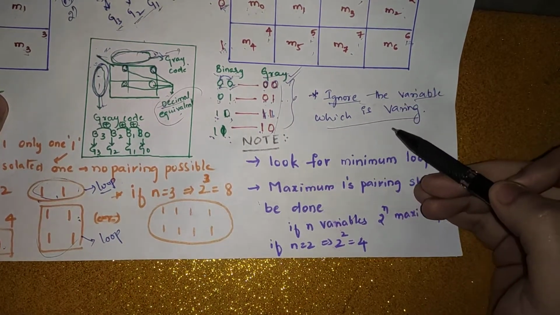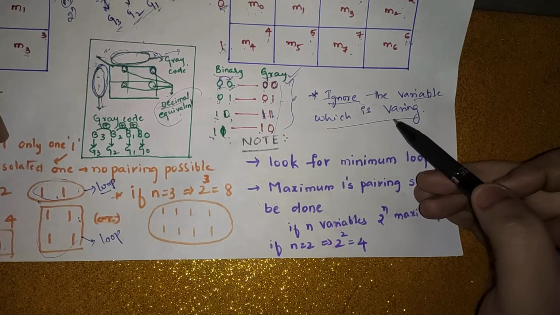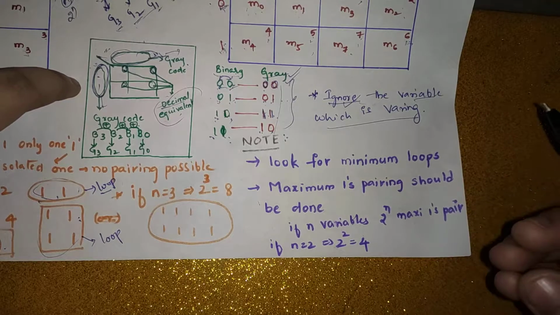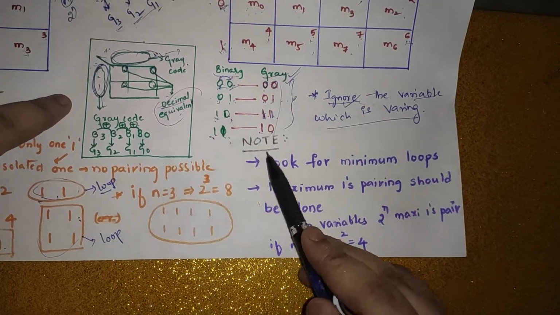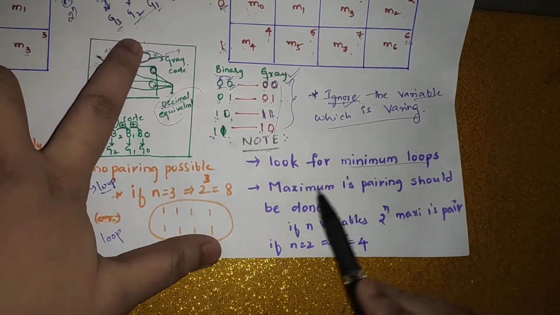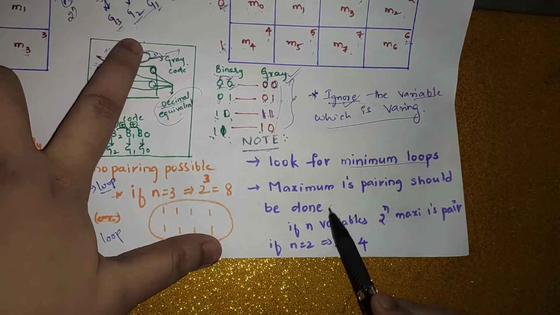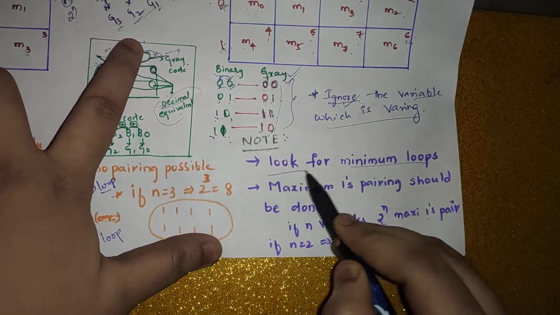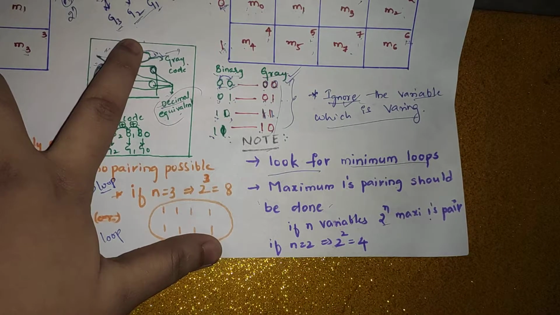Ignore the variable which is varying and write the variable which has the constant bit. Note, look for the minimum loops and maximum pairing of ones should be done, with 2 power n maximum. This will be discussed after the example of the 3 variable K-map.